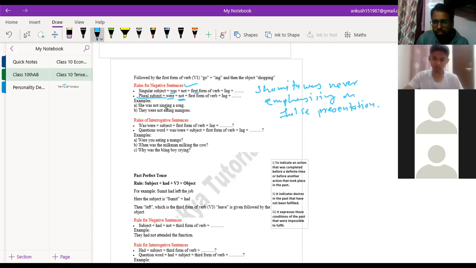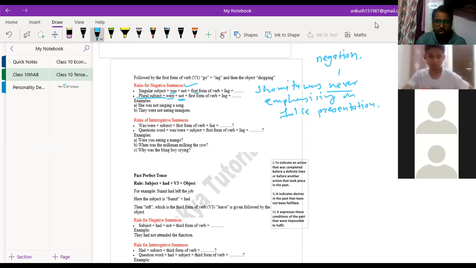It is a matter of an organization, so I have given this example. Samita was never emphasizing on false presentations. Understood? So this word is also referring to the negation. Never. This is referring to negation.